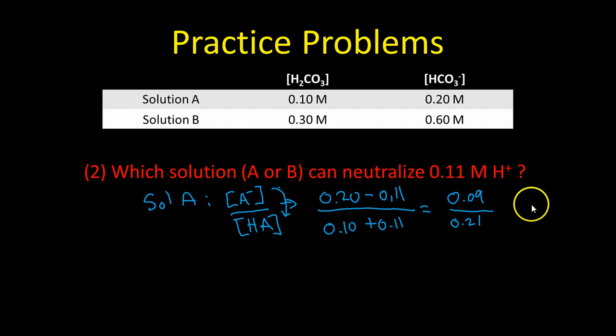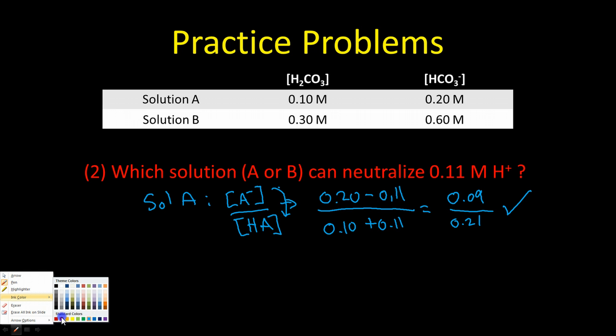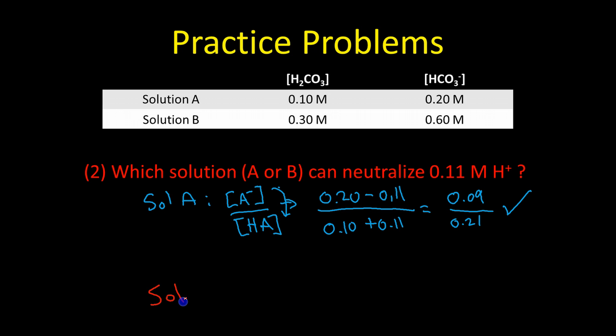So in this case, solution A can neutralize this. We'll look at solution B, and you'll see that solution B can also neutralize it. You just set it up the same way, but in this case, we've got 0.6 on top, minus 0.11 as this base is reacting with the acid and forming more of the conjugate acid, which started at 0.3 molar, and now we add 0.11 molar, and so this ends up giving us 0.49 over 0.41.